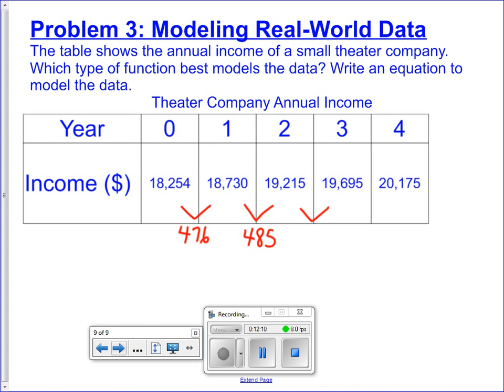The difference between these two numbers, 19,695 minus 19,215, would be 480. And the difference between our final ones, 20,175 and 19,695, I'm just subtracting, I'm getting 480.